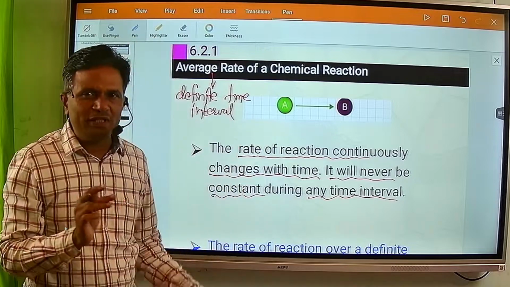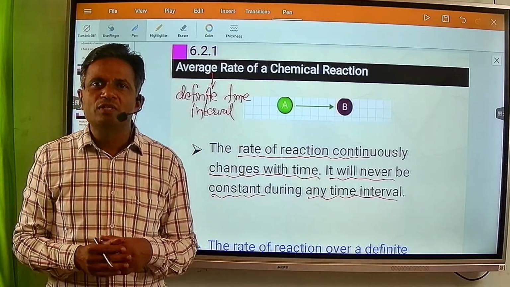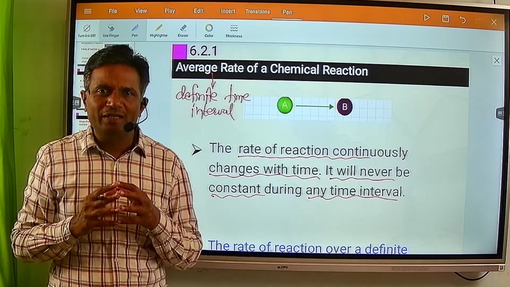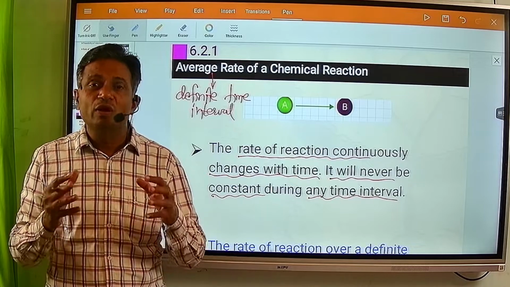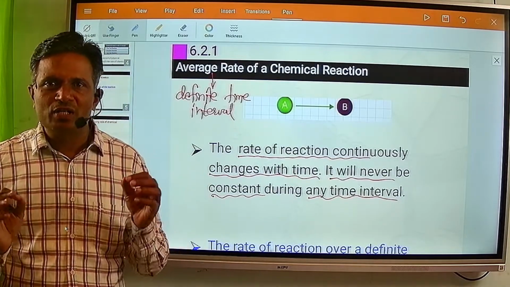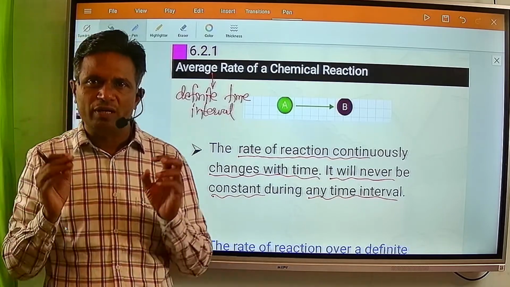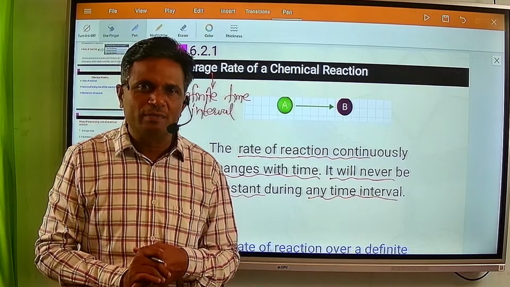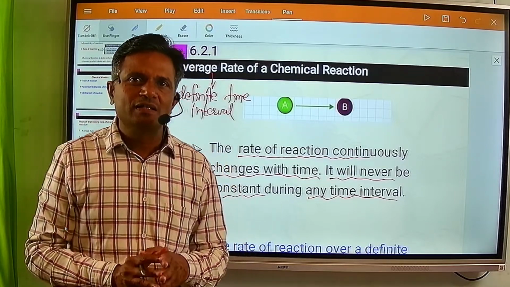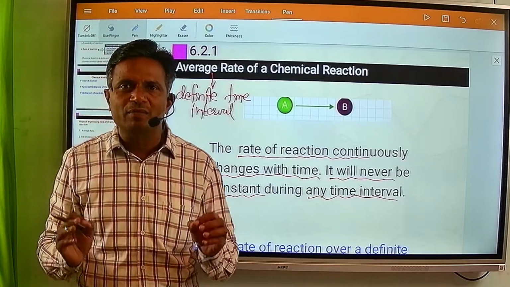And any rate of reaction which is determined, which is measured over the definite time interval that you have selected, that rate is called the average rate of reaction. Are you getting this? So first of all, your definition should be clear. What is the definition? What is average rate? Average rate is the rate of reaction over a definite time interval.